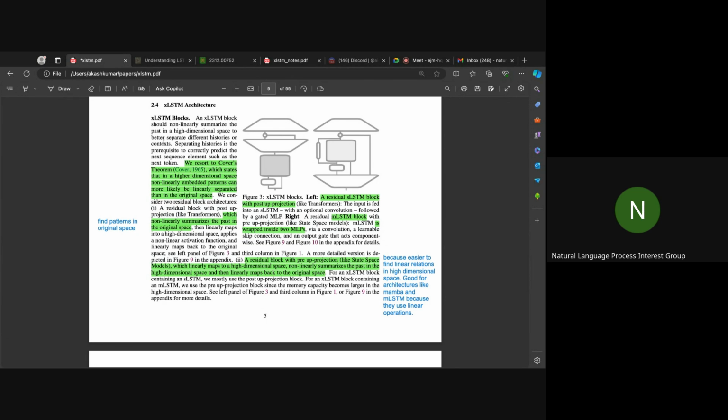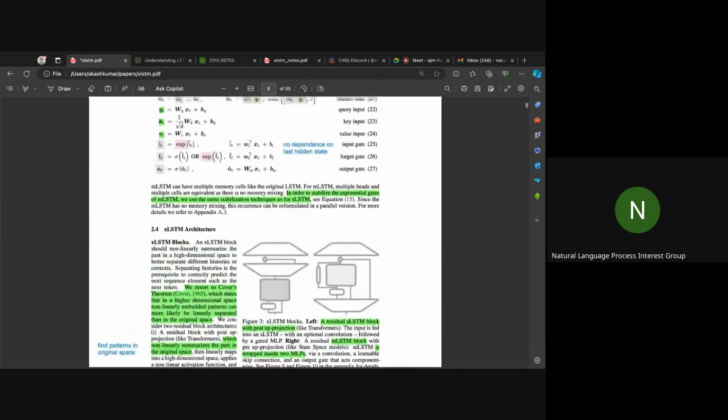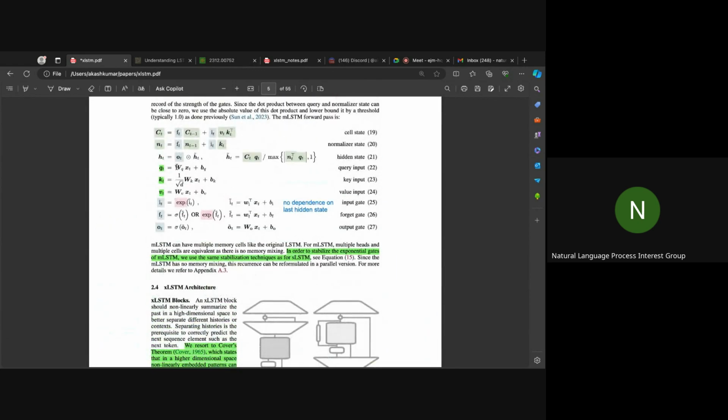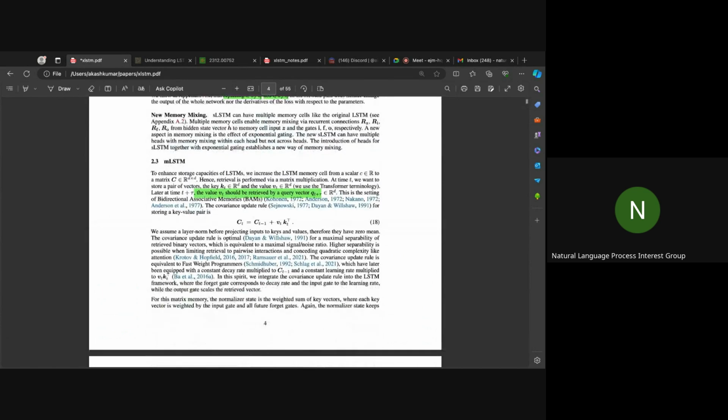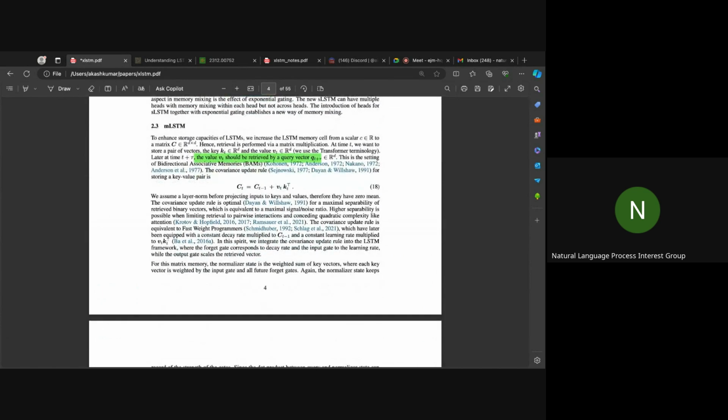The authors refer to a theorem which states that in a higher dimensional space, non-linearly embedded patterns are more likely to be linearly separated. And all the operations that you see here are linear operations. They don't involve a non-linearity like softmax, which we have in the attention architecture.